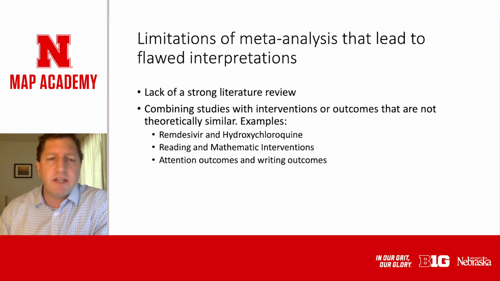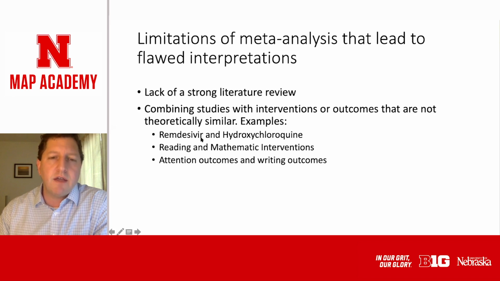So you want to be careful in your thinking about what your results are. There are limitations to meta-analyses. If you don't do a strong literature review, then you're going to be dead in the water. You're going to probably have to do your literature review over again. Another limitation is if you combine studies with intervention outcomes that are not theoretically similar. For example, we've been hearing a lot about these two drugs for coronavirus, hydroxychloroquine and remdesivir.